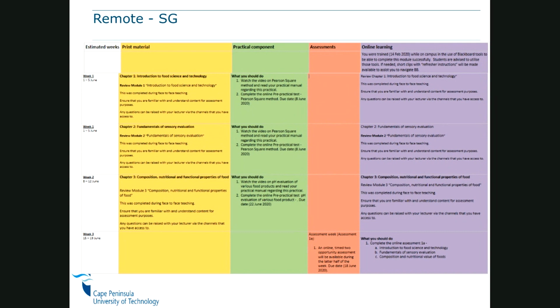For example, if you had a chance to look at the study guide from 1 to 5 June, we're allocating this time for you to do the revision, because previously we had started studying chapter 1, 2, 3, and a little bit on chapter 4.